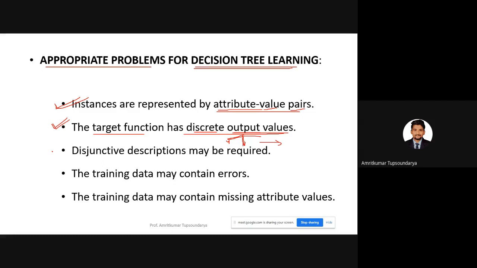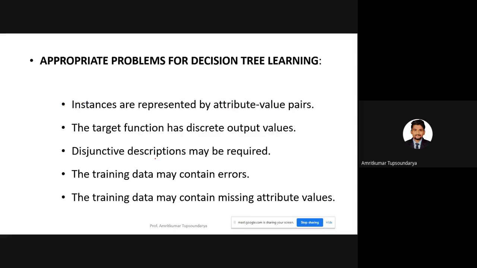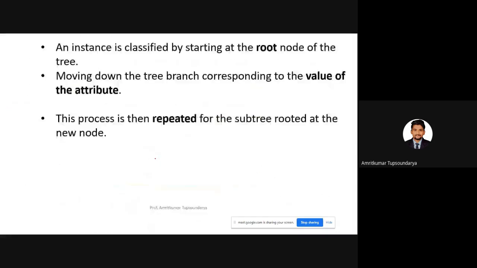Anyways, the third characteristic for considering a problem for a decision tree learning algorithm is that it should have a disjunctive description. What is a disjunctive description? As we discussed in our previous slide, the decision tree should naturally represent disjunctive expressions.